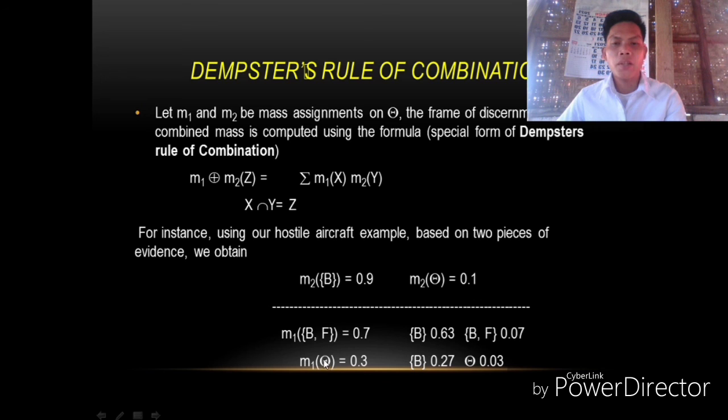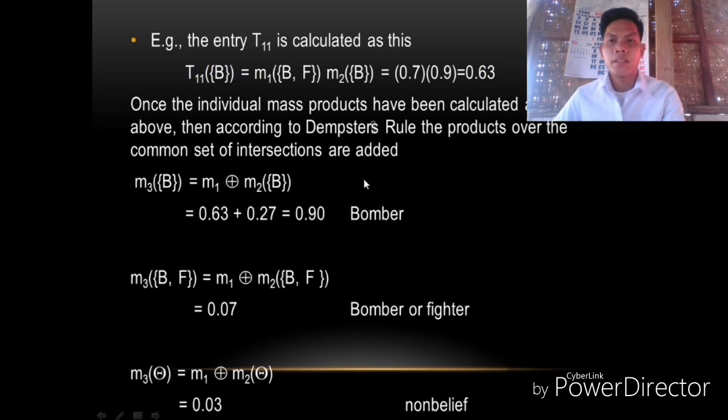So this is the given of the Dempster rule of combination. For example, the entry T sub 11 is calculated as follows: T sub 11 of B equals M sub 1 of B and F times M sub 2 of B equals 0.7 times 0.9 equals 0.63.